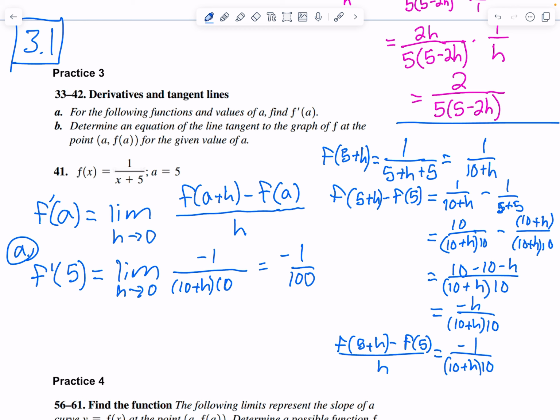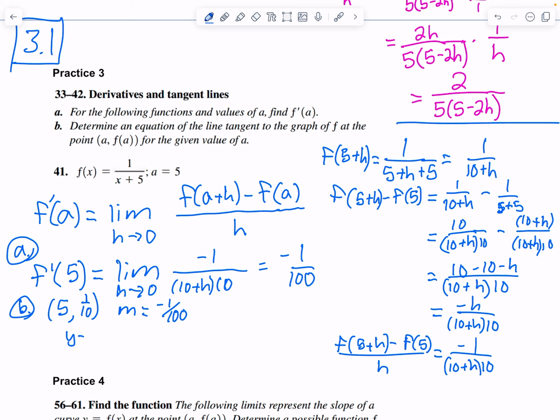B says determine an equation of the line tangent at that point. So for B, we want the point: if I plug in 5, that's A, and if I plug it in, I get 1/10. So there's my point. And then my slope would be negative 1/100th, because that's what a derivative is.